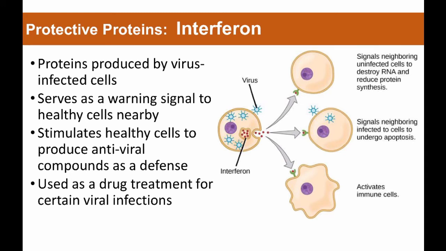So interferons are produced, they're exocytosed. Neighboring cells have receptors that can bind the interferon, and that's a signaling mechanism that tells the uninfected cells to start sort of battening down the hatches, so build additional protective proteins to keep themselves from becoming infected.